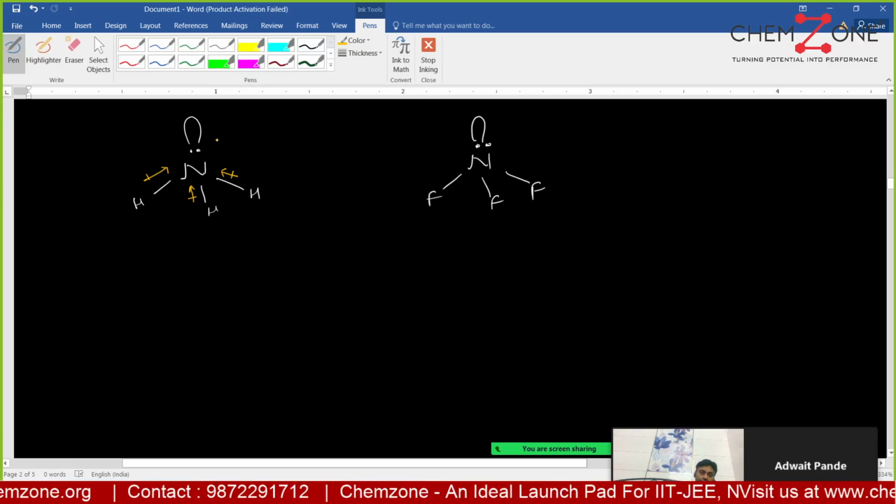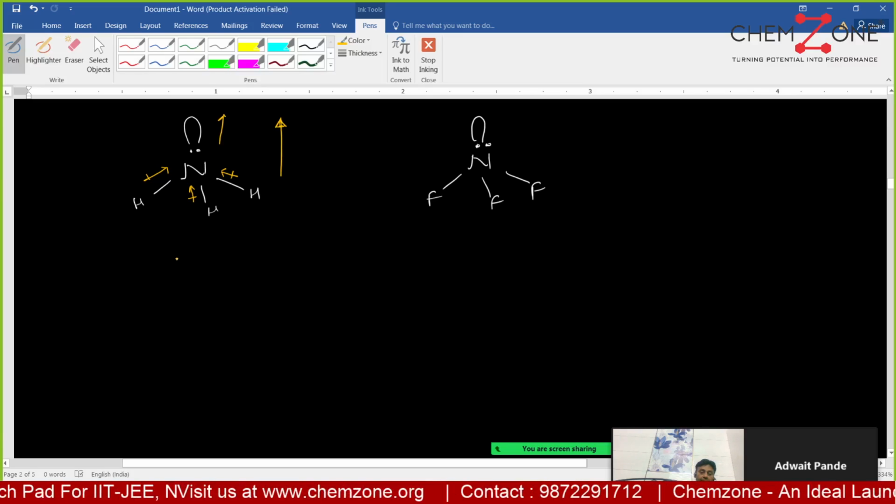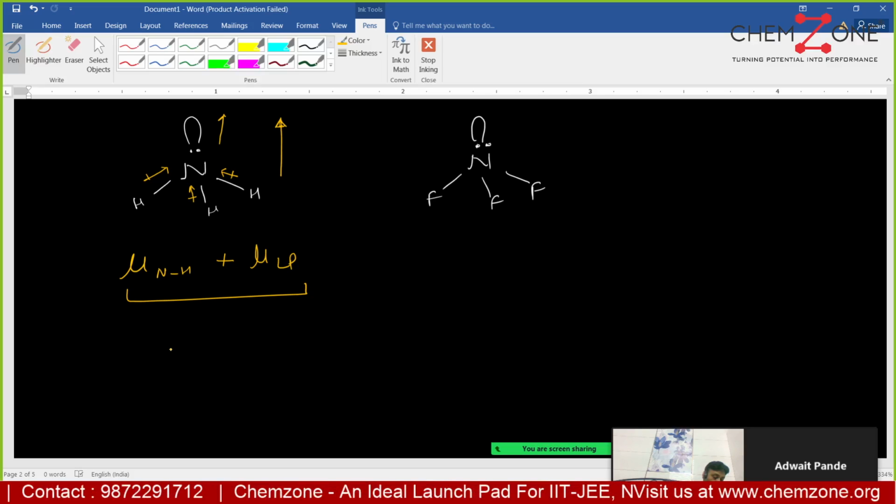And the dipole moment of the lone pair is also on the upside. So net dipole moment will be in one direction, that is upside. The dipole moment due to the NH bond and the dipole moment due to the lone pair are on the same side, they will add up and the total dipole moment will be in one direction. Am I clear?